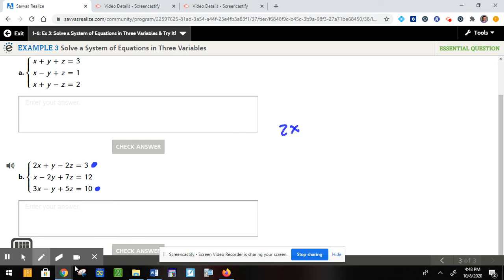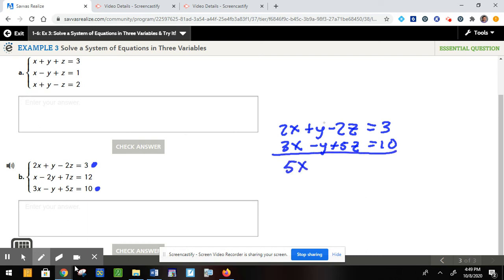So if I have 2x plus y minus 2z equals 3, I'm going to combine that with the third equation, which is 3x minus y plus 5z equals 10. Again, I'm choosing to add them together because the y's will eliminate when I add them together. So what I'm going to end up with is 5x, y's eliminate, plus 3z equals 13.